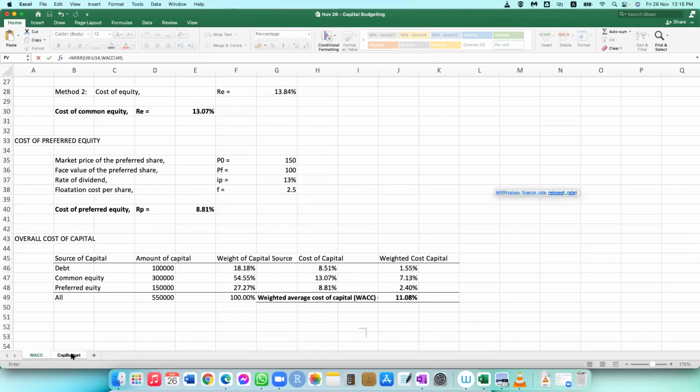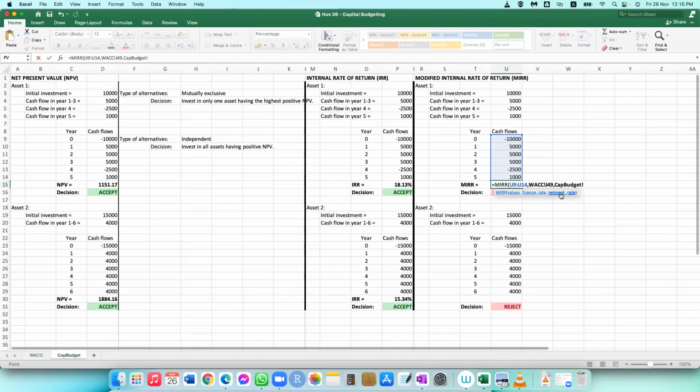finance rate and then reinvestment rate. So if you know for certain that during the interim years of the project, during year 1, 2, 3, 4 or so, you know what rate the interim cash flows will be invested at, then you can use that. But normally it should be the same.